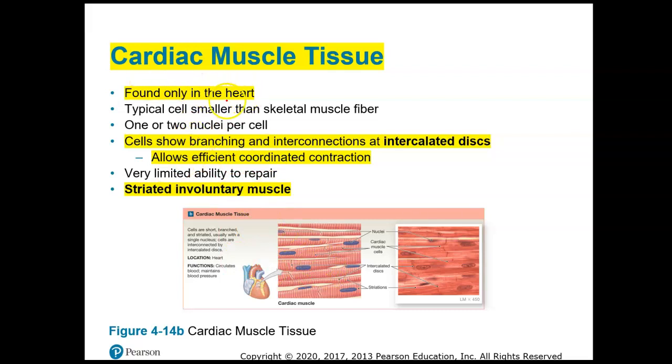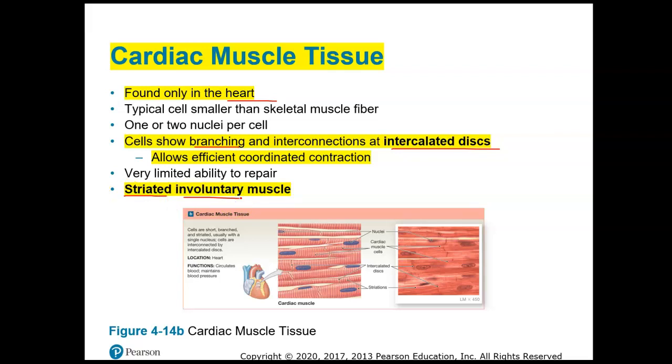Now we have cardiac muscle tissue. You only find that in the heart. One thing that you will see in cardiac muscle tissue are connections called intercalated discs, and you also will see branching with cardiac muscle cells. Cardiac muscle tissue is striated and involuntary.